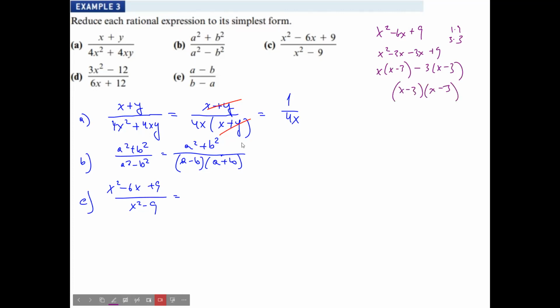That's one thing. Another thing, I can say that here is 3 squared, and 2x times 3 is 6, right? So I could go right away and put x minus 3 squared here.